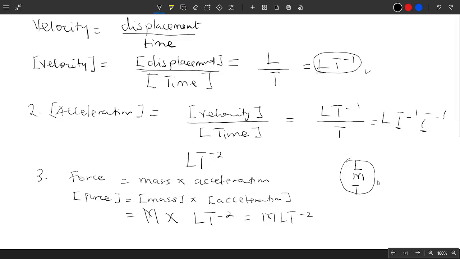Just like we did, force is given as the mass times acceleration. The same thing, we are going for acceleration, velocity, and time. So if you know all this, you'll be able to easily deduce the dimension of any physical quantity given.